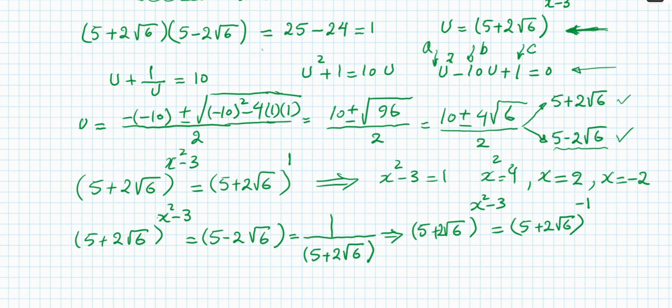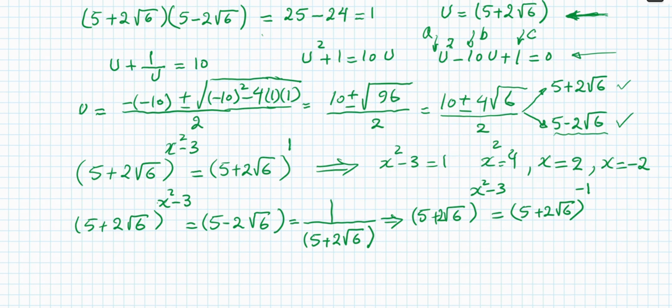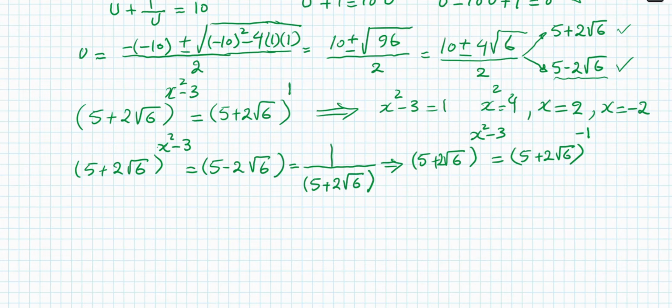And again, the bases are the same, so exponents are the same. This time we have x squared minus 3 equal to minus 1, or x squared is 2, and x is the square root of 2 and x is minus the square root of 2.